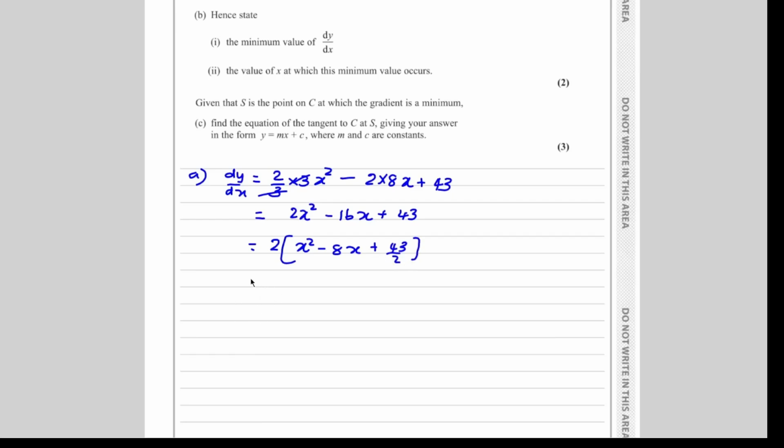Next step is 2 times x minus 4, the whole thing squared, minus 16 plus 43 over 2. Whatever you get here, you need to square it and subtract.